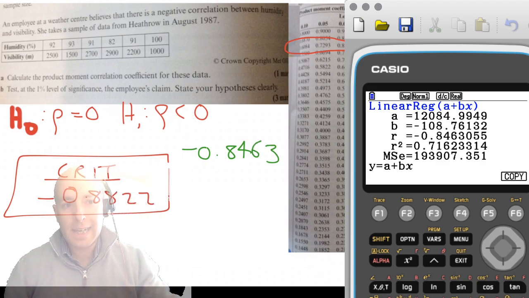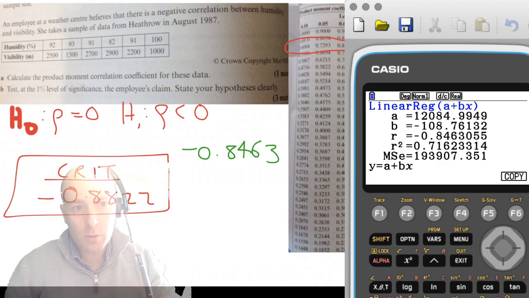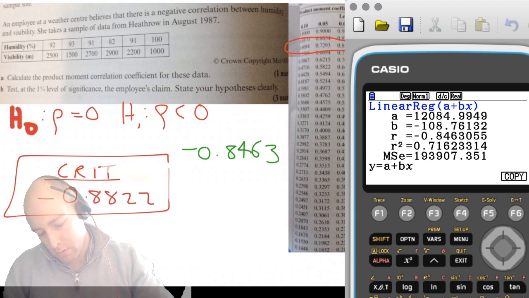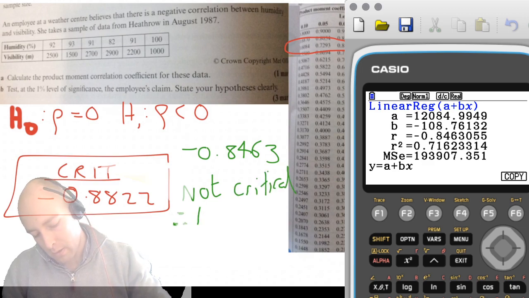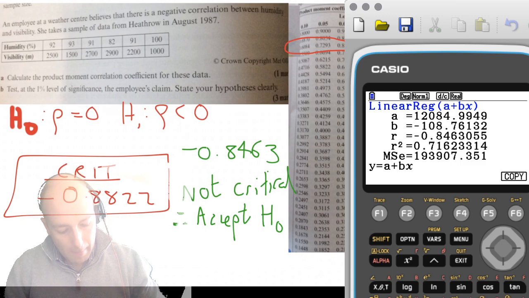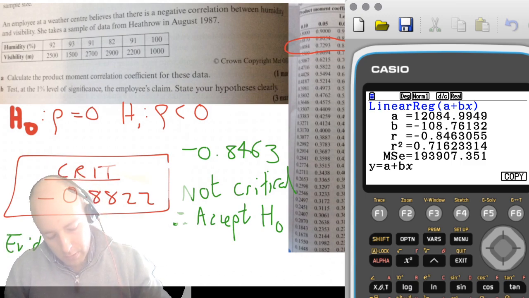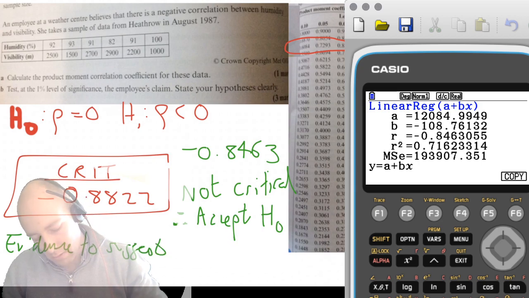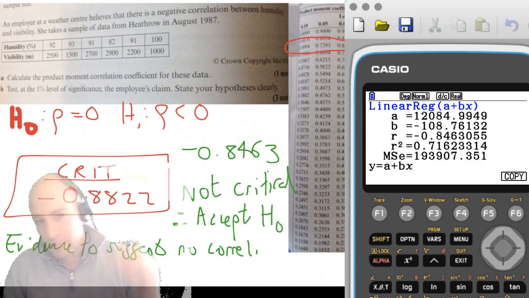Okay, so we are slightly under our critical value, so we are not going to be critical, so not critical. Therefore, accept H naught. So evidence to suggest no correlation.